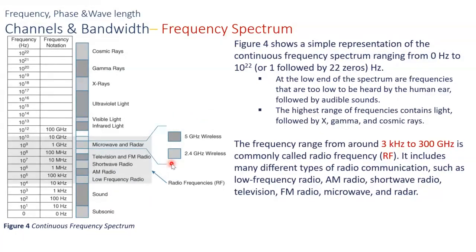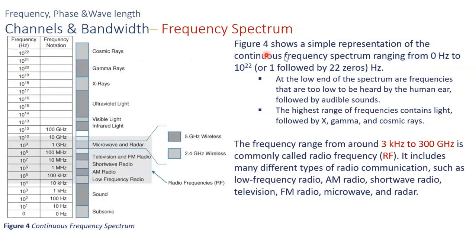So three frequencies are used in wireless: 2.4, 5, and 6 gigahertz, and all three are in the radio frequency spectrum. After that, we have the visible light, ultraviolet, X-ray, gamma ray, cosmic rays. But in this chapter and in this course, our focus is on these frequencies: 2.4, 5, and 6.